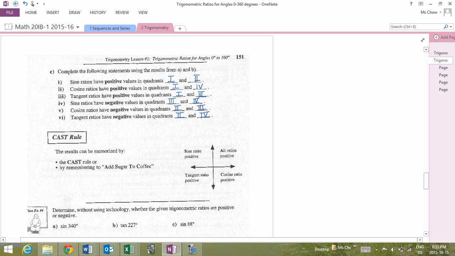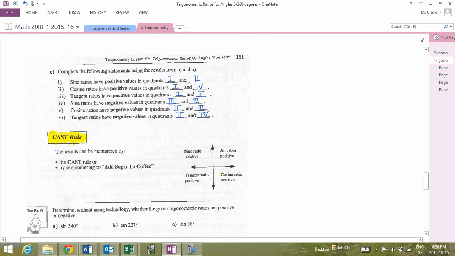So I don't know about you, but to try to memorize all 6 of these statements, that's a lot. So the easiest thing to do is what we call the CAST rule. So memorizing it, we call it the CAST rule, or some people say add sugar to coffee.